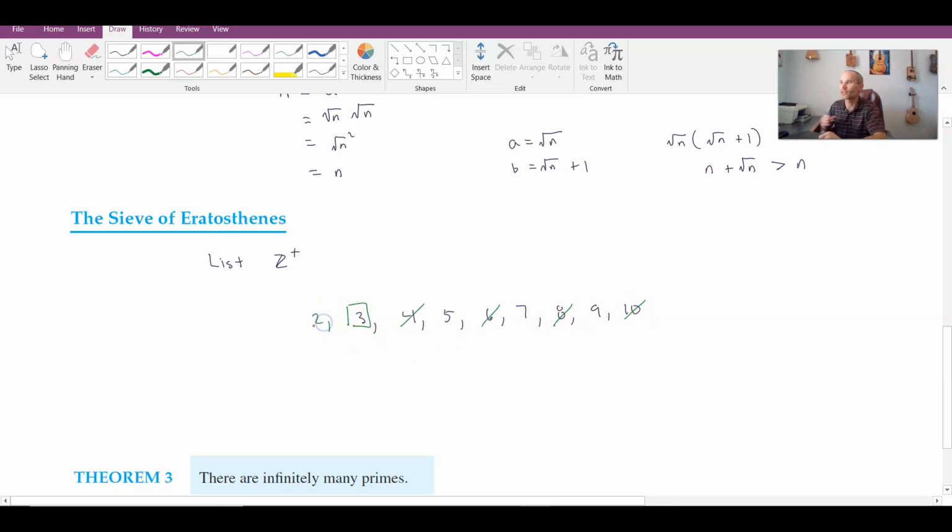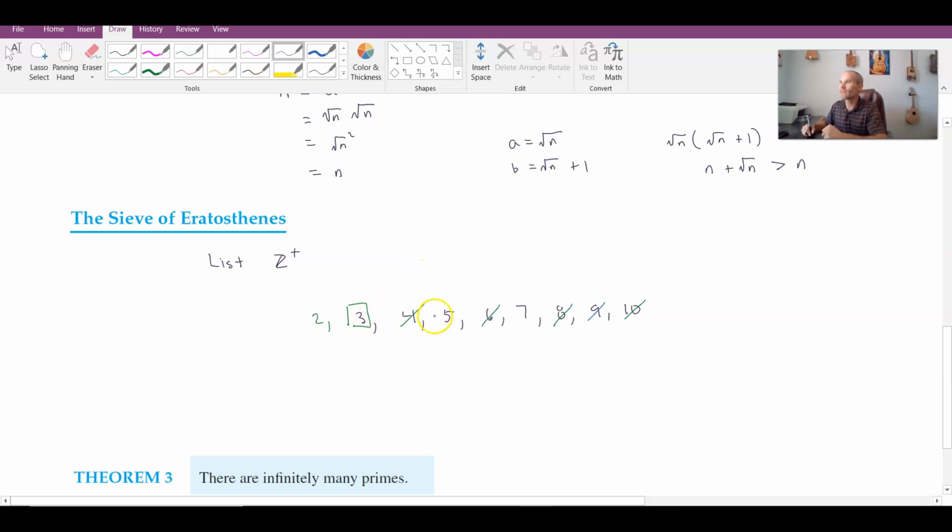So 2 does actually belong here, but any multiple of 2 will not be prime. Now identify the next number as a prime number. Well, any multiple of a prime number is not a prime number because it's exactly divisible by that prime. So any multiple of 3, which would be 6, 9, those I can eliminate.